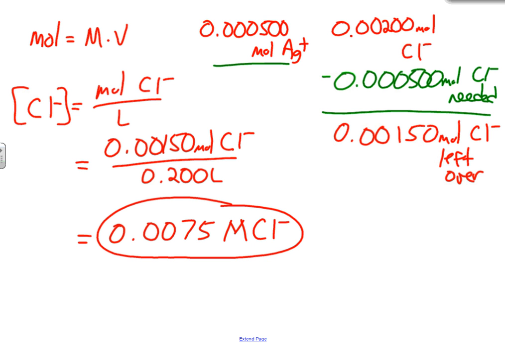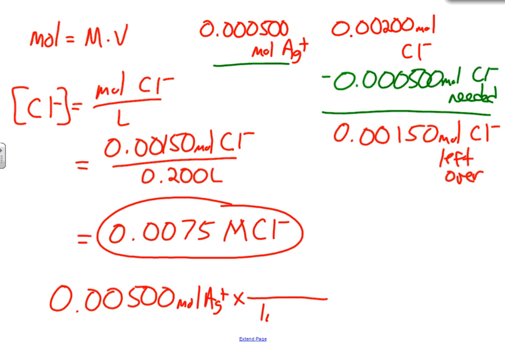And then to figure out the mass of the precipitate, I'm going to use my limiting reactant, which was the silver ion. So 0.000500 moles of silver ion. And I know for every 1 mole of the silver ion that's in solution, I will produce 1 mole of the silver chloride solid.